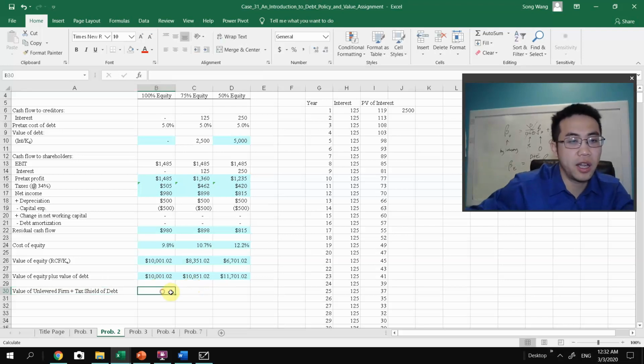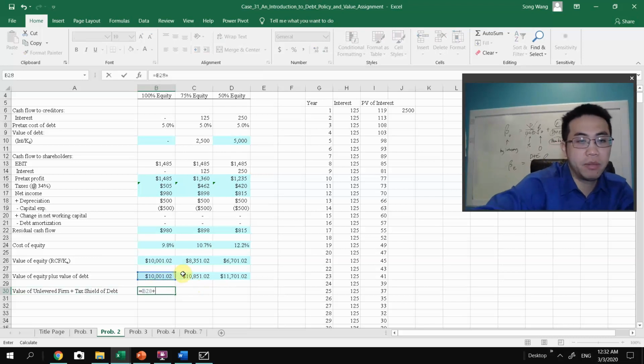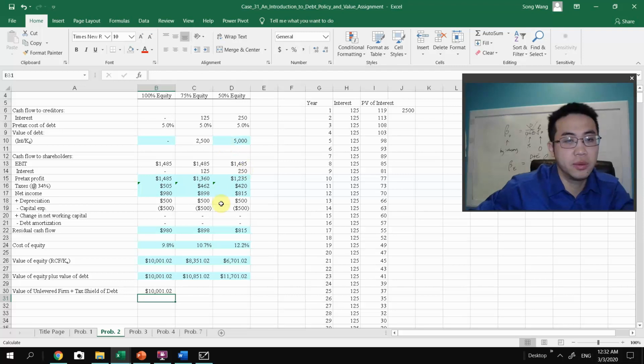So right here I have the value of the unlevered firm plus the tax shield of debt, since I have a 0 debt here. Okay, multiply by 34%, that's going to give me 0.